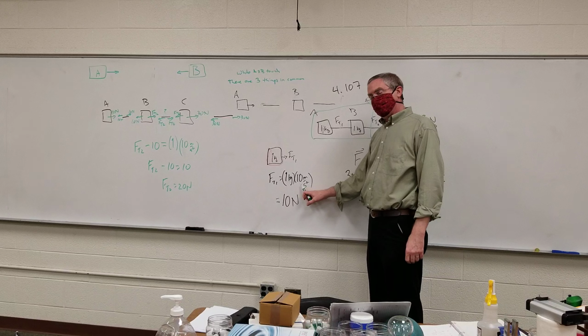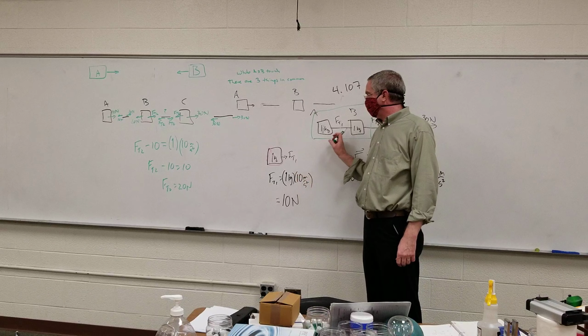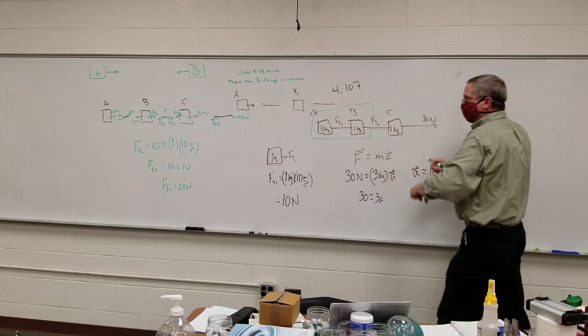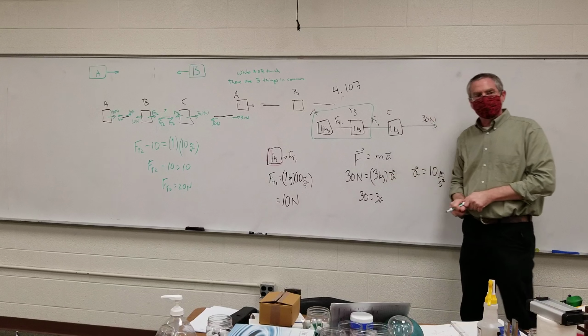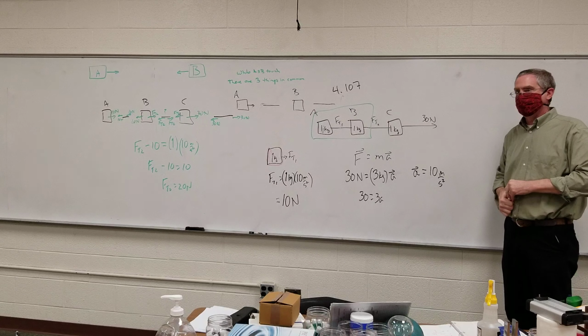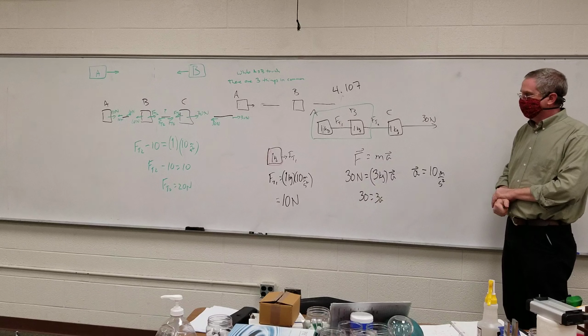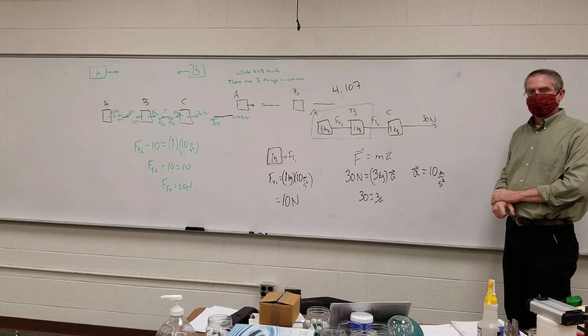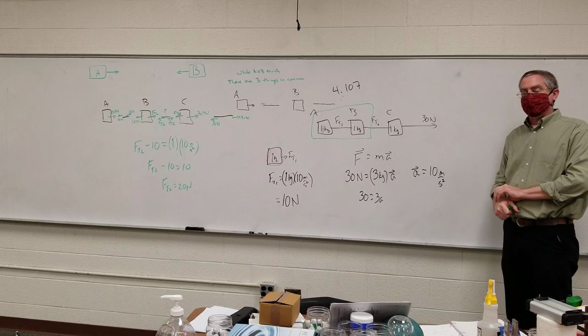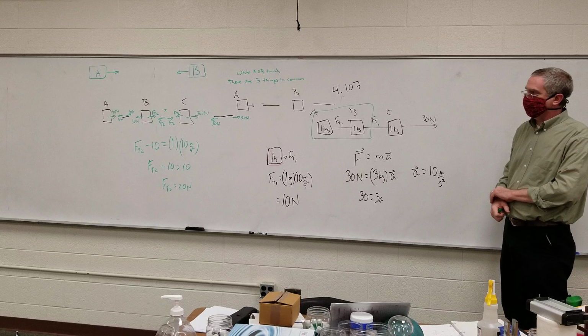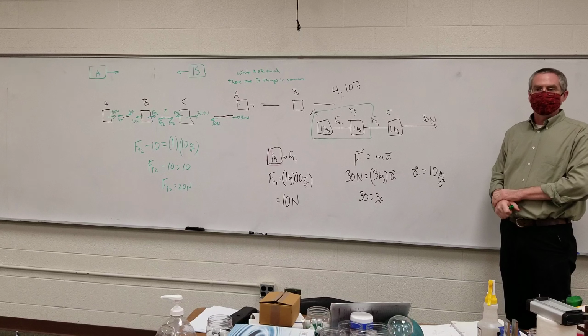My acceleration, still 10. So the tension that's pulling this whole thing is 20. There are several ways of looking at it. Try to present both ways, or two of them.